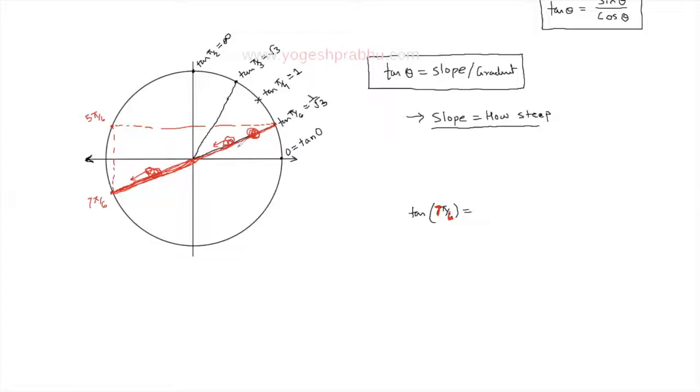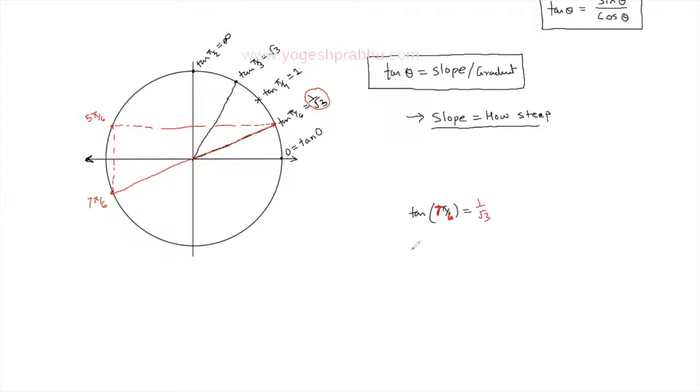It's constant. And as we know, tan theta is the slope of a line. So tan of 7 pi by 6 is going to be the same as that of this point, and that tan is nothing but 1 by root 3. So even tan of 7 pi by 6 is going to be 1 by root 3.